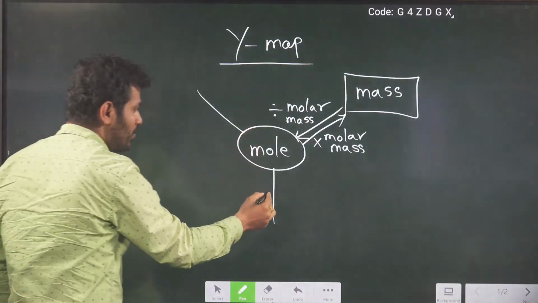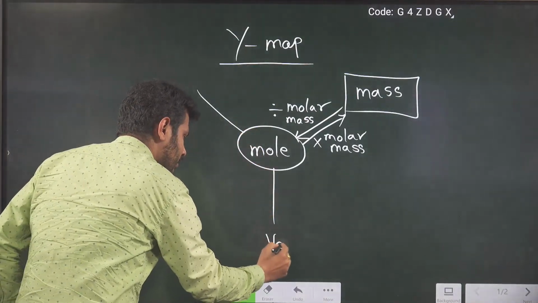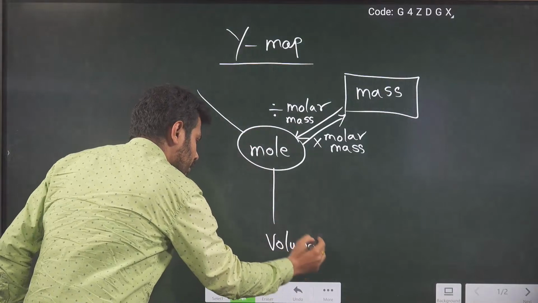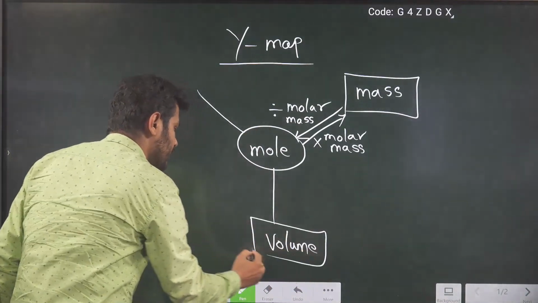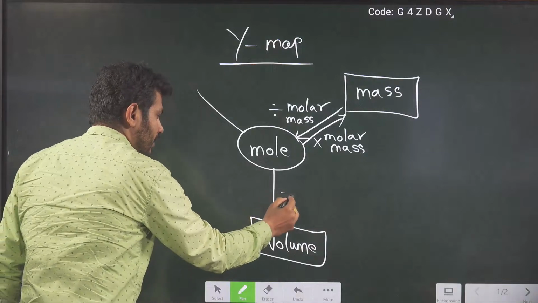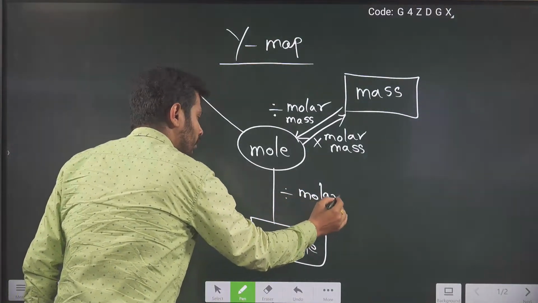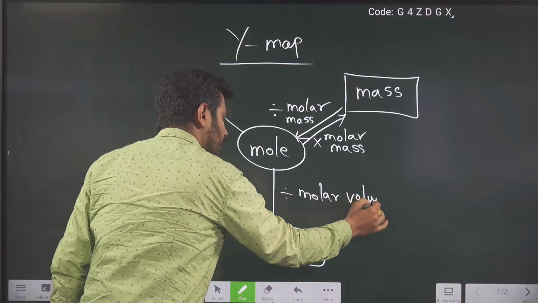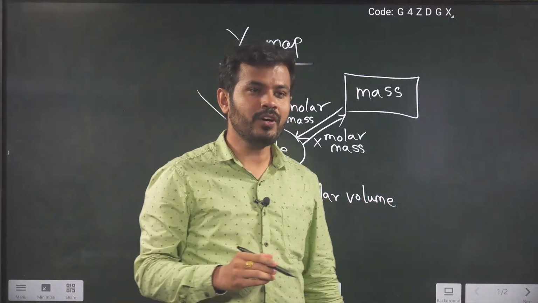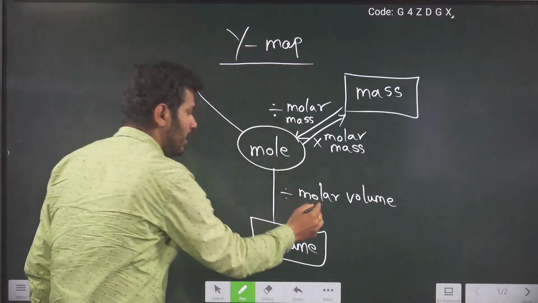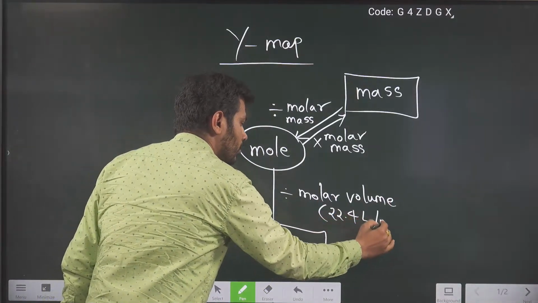Now you see, the mole can be related to volume as well. If volume is given in the question, you divide by the molar volume. What is the molar volume at STP? Yes, 22.4. The molar volume is 22.4 liter per mole.